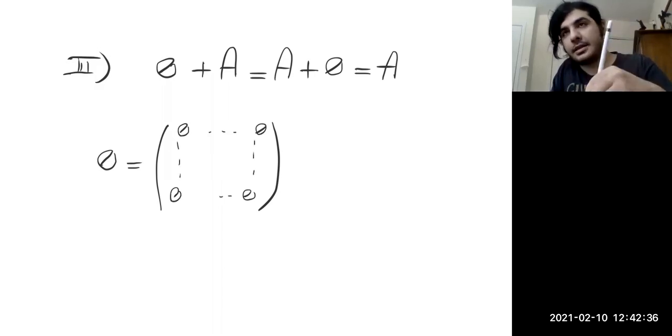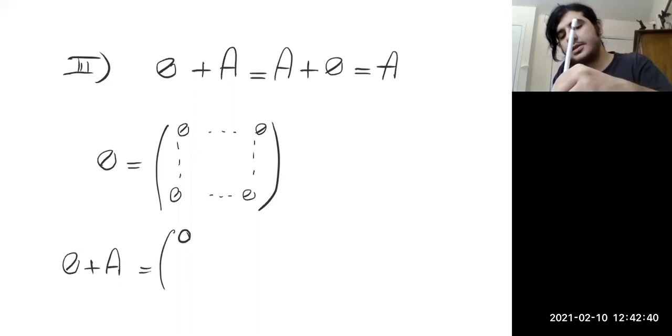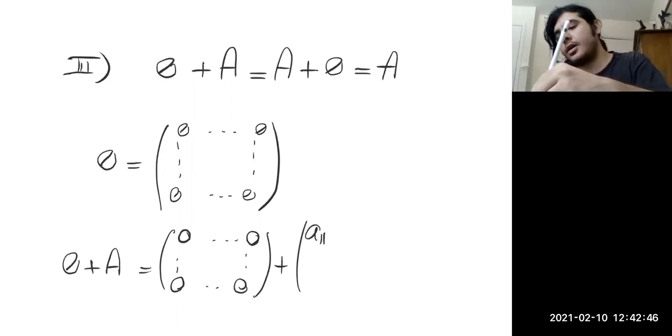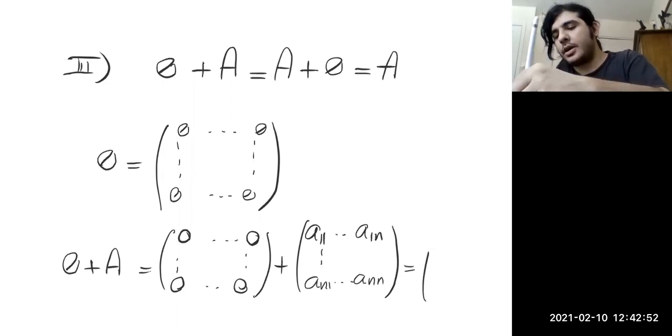So if you add this matrix to any matrix A, you would get the zero matrix plus the matrix A, which is A11 up to A1n, AN1 to ANN. Each component would be 0 plus A11 up to 0 plus A1n, 0 plus AN1, 0 plus ANN.